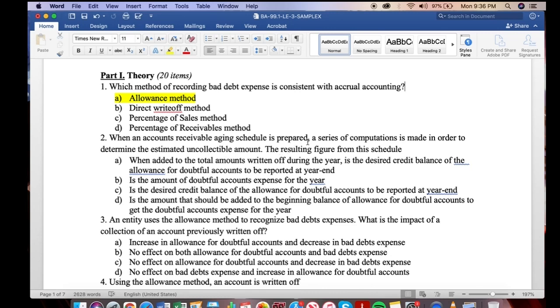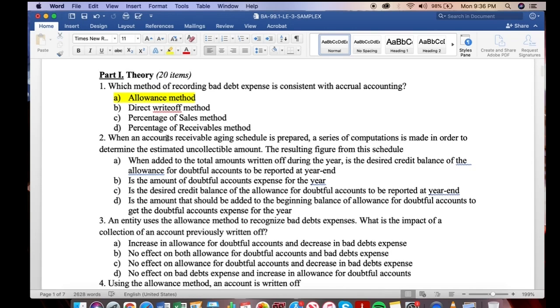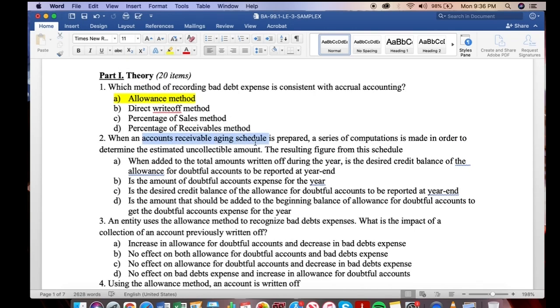The resulting figure from this schedule is... we know that when we use an aging schedule, what we compute is the required balance of ADA, or allowance for doubtful accounts. So the answer is letter C. It is the desired credit balance of the allowance for doubtful accounts to be reported at year-end.